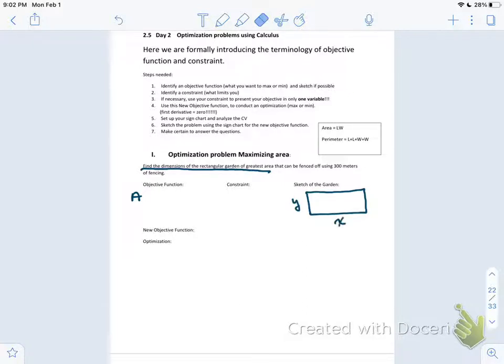So that area is going to be x times y. It's going to be fenced off using 300 meters of fencing. So that means that 2y plus 2x will equal 300. Y plus x therefore equals 150.